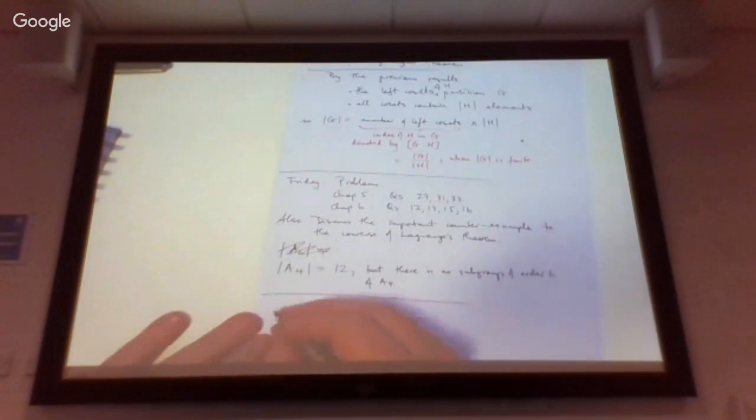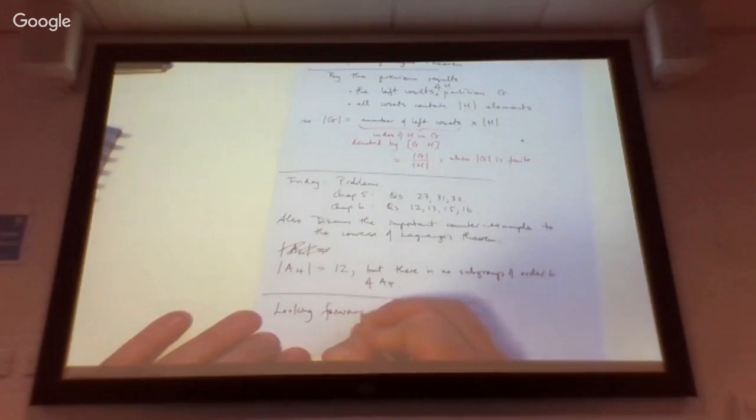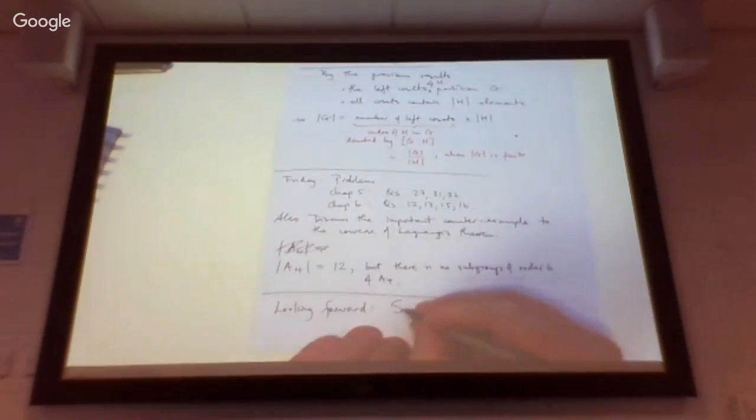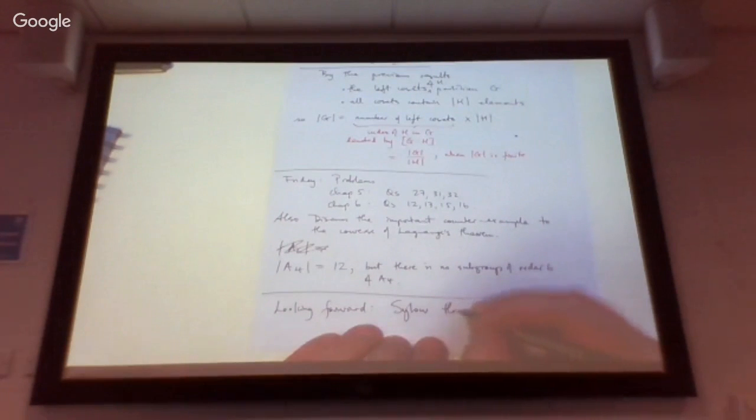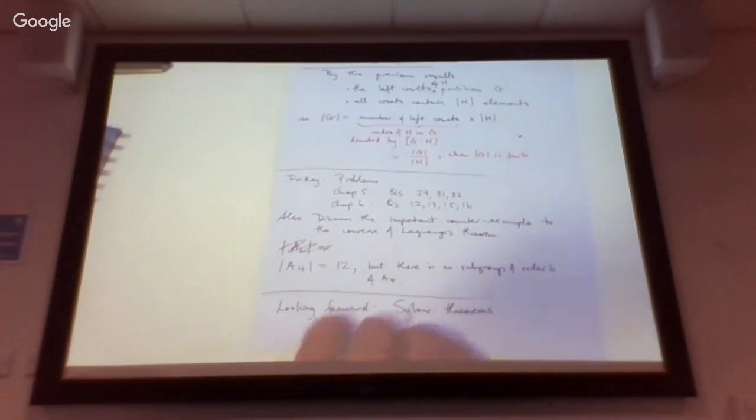And we'll also make one further remark. One of the topics we're going to end the unit with is the Sylow theorems. These are theorems that do provide a partial converse to Lagrange's theorem.